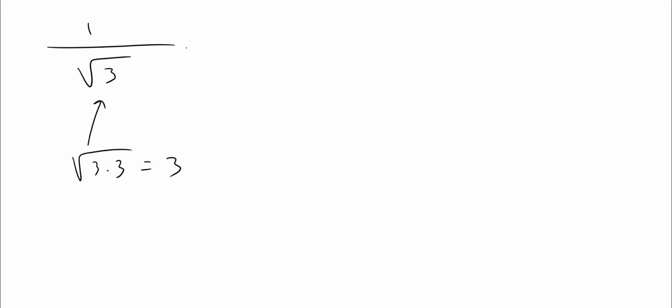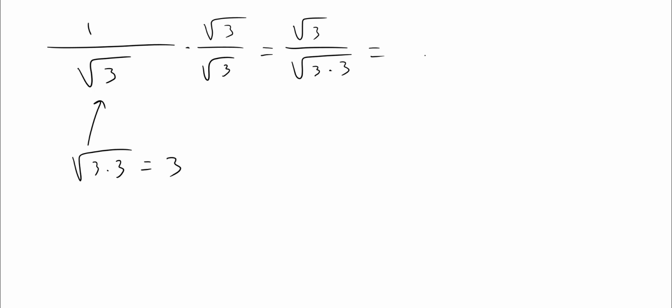So I'm going to multiply the top and the bottom by the square root of 3 over the square root of 3. The top is going to be 1 times square root of 3, which is square root of 3. And the bottom is going to be the square root of 3 times square root of 3. It's a pair of 3's. And remember, if you have a pair of 3's with the square root, it just becomes 3. That's really important. And the top is just square root of 3.